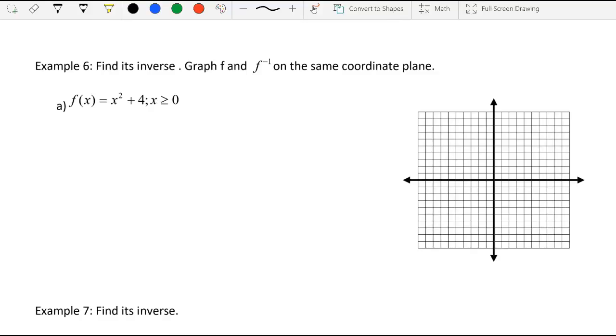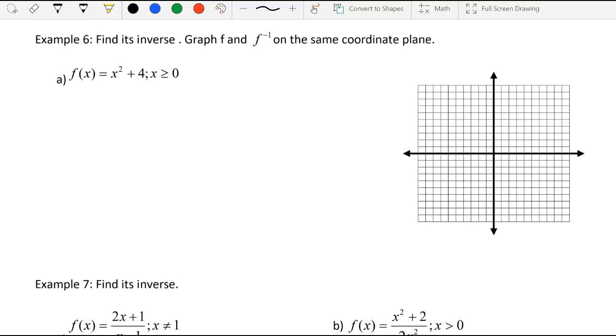Now that you have done example B, let's try example 6. Find its inverse. Not only do you find its inverse, you're graphing f and its inverse on the same coordinate plane on the right-hand side here that's provided. To find an inverse, the first thing you will do is switch x and y's.